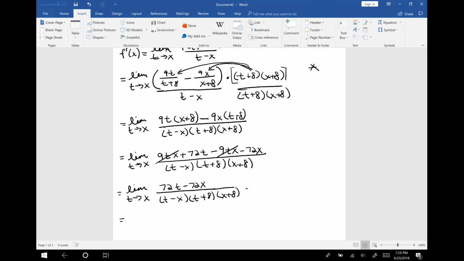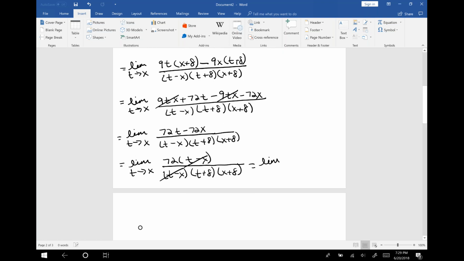You can see then in the numerator that we can factor that numerator. We can factor 72 out of the numerator. When we do that, we get t minus x left over, which is a good thing because we're always looking for the common factor to factor out of the denominator. So we cancel those, and we are left with the limit as t goes to x of 72 over t plus 8 times x plus 8.